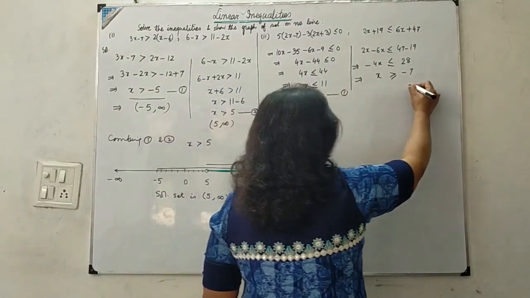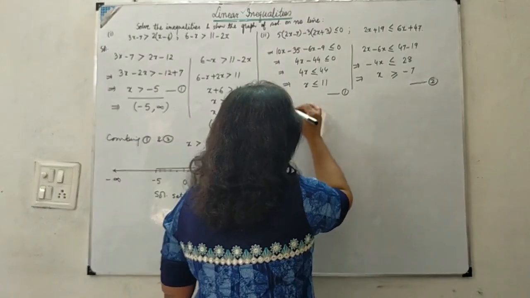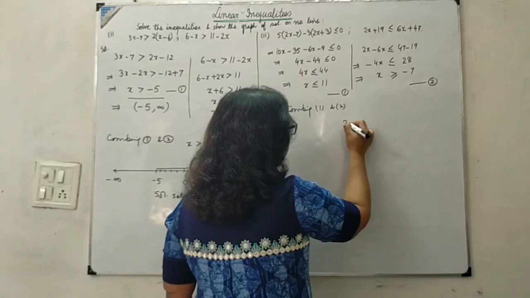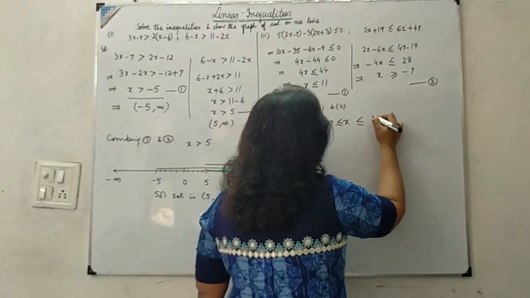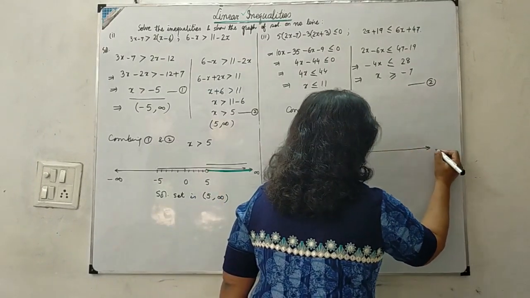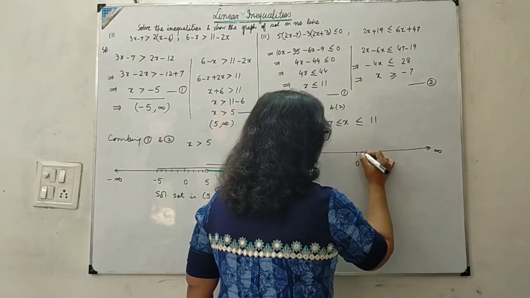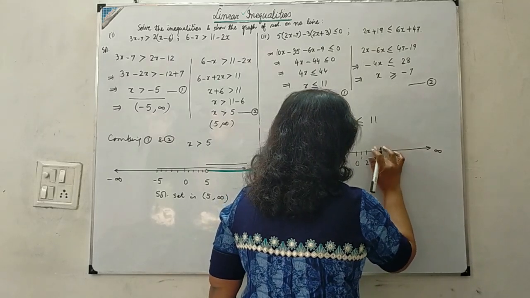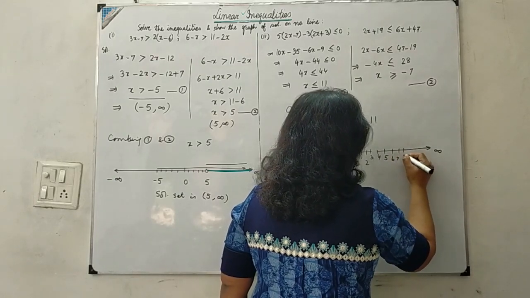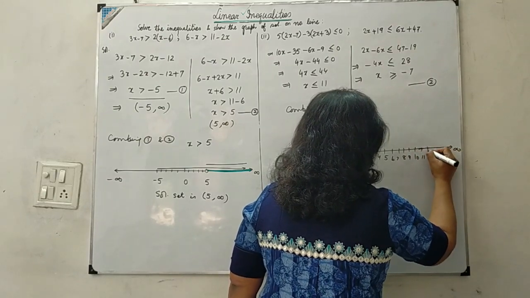Now we have the solutions of the two given inequalities. Combining 1 and 2, you can see we have a number greater than or equal to minus 7 and a number less than or equal to 11. To show it on the number line, let us draw the number line. Minus infinity to infinity, this is 0, 1, 2, 3, 4, 5, 6, 7, 8, 9, 10, 11 and so on.